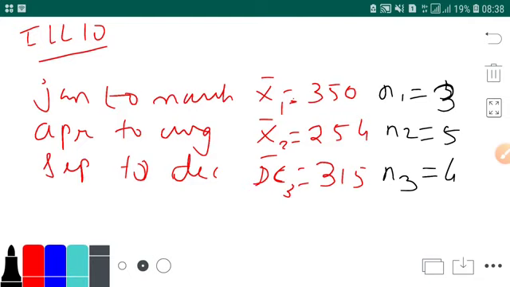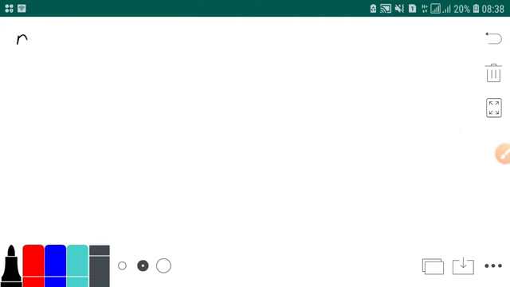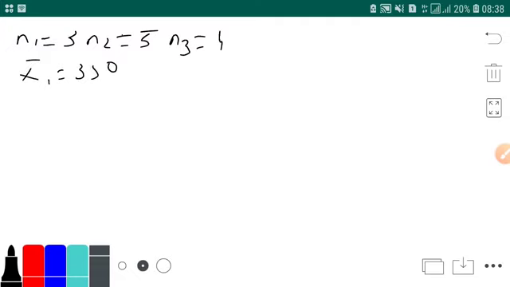Now you have 3 variables. Let's write the data of the question again. You have n1, n2 and n3. Then you have x bar 1, x bar 2, and x bar 3.